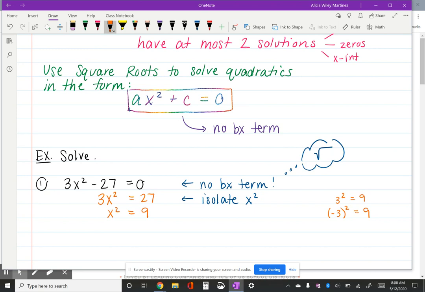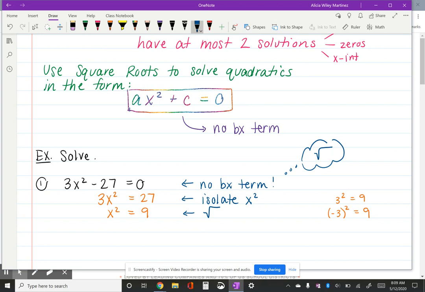Okay? Now, whenever we solve equations, what we do to get what we want and where we want it is we do inverse operations. Like I did the inverse of subtracting. And then over here, I did the inverse of multiplication, which was division. Now, to get rid of this squared, or this power of 2 exponent on my x so that I just have x, I'm going to do what's called square rooting.